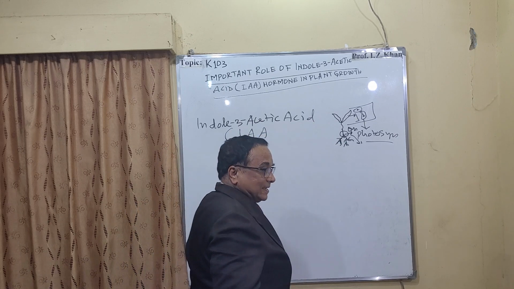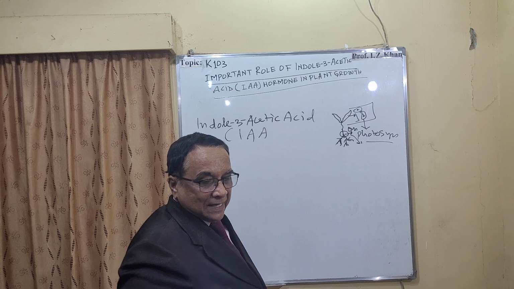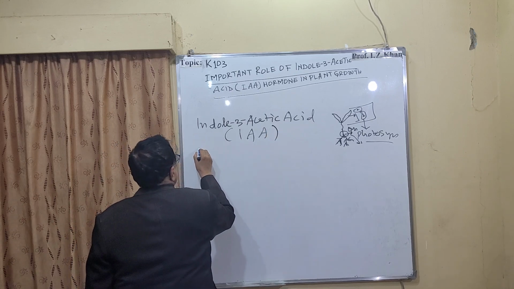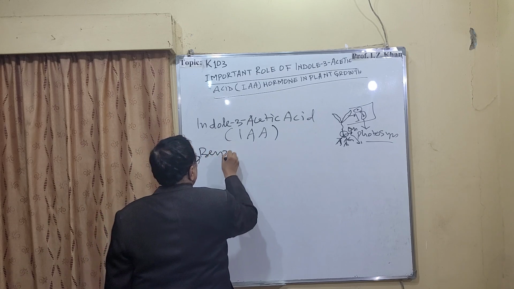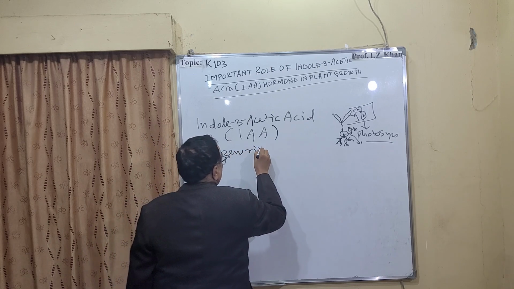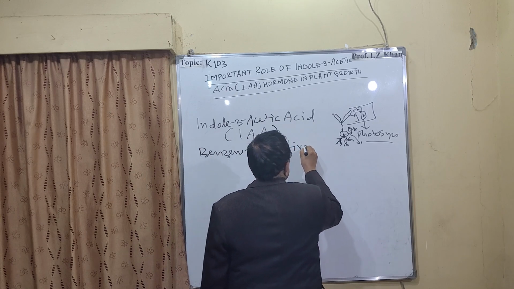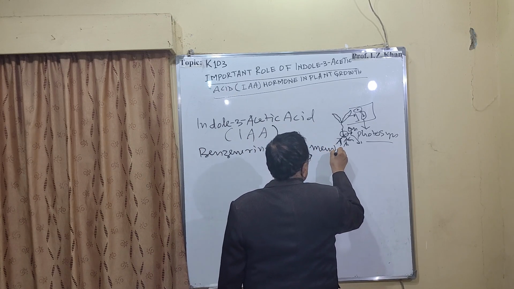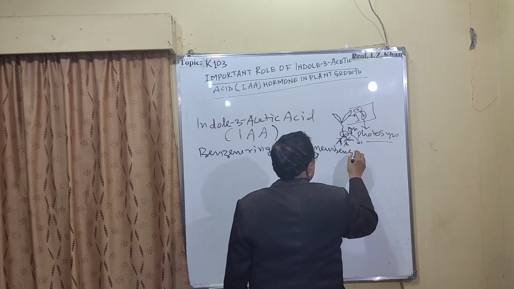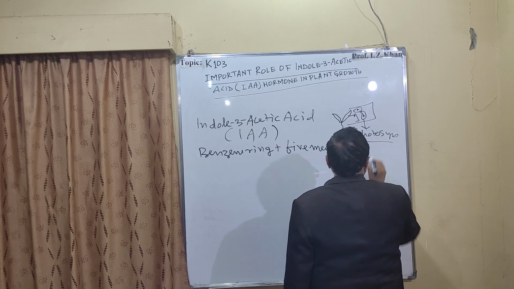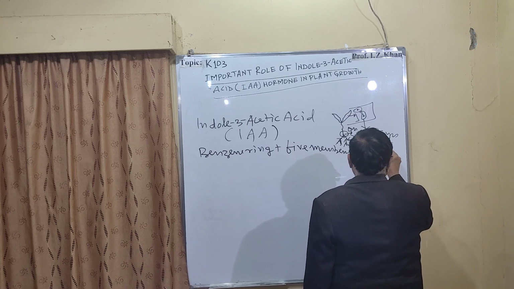So this IAA is actually a benzene ring plus a 5-member ring plus carboxylic acid.